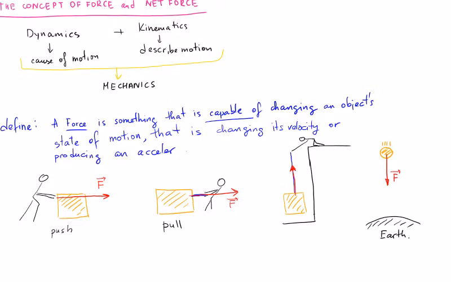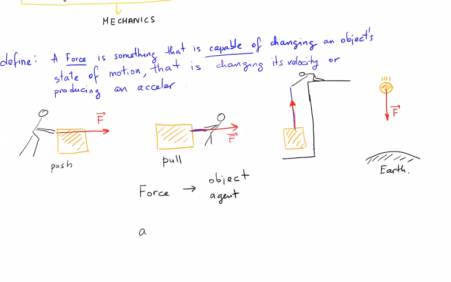So it is very important to understand that whenever you have a force, for a force to happen, you need to have an object and an agent. Maybe it's better to write that the agent applies a force on the object.